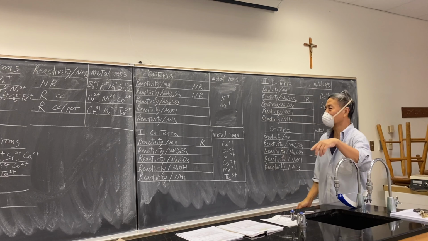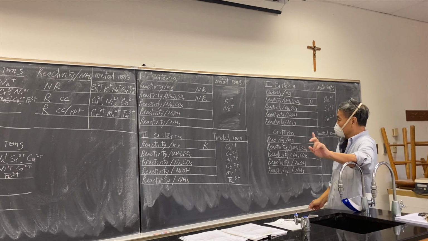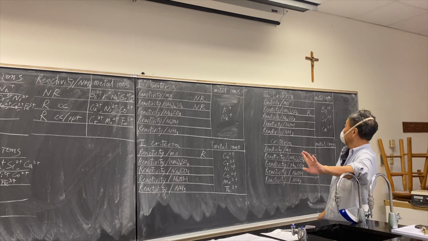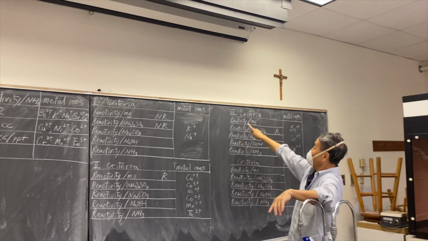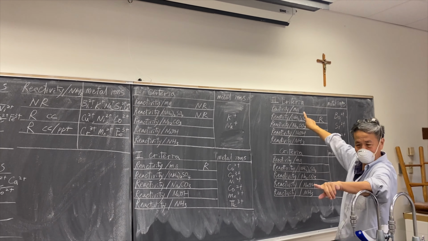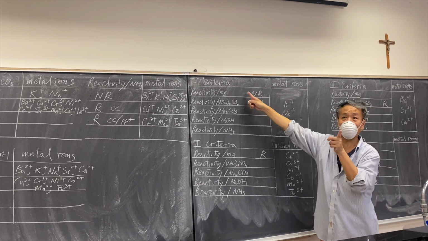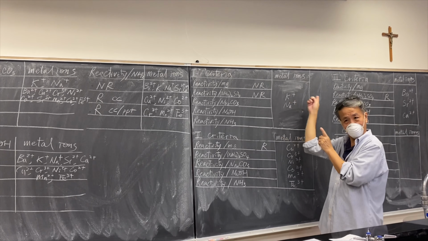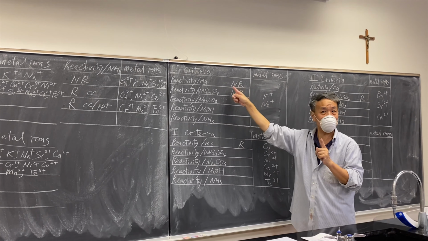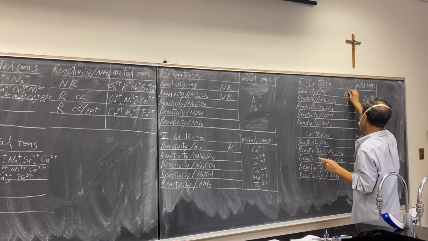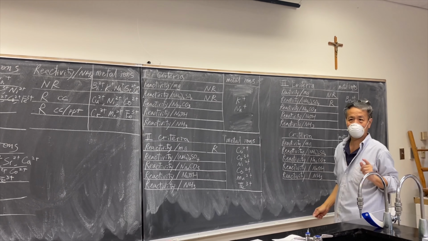All right. So now, ladies and gentlemen, your question is, oh gee, what would the reactivity with the magnesium be? You have already decided before you move ions out, so you cannot change it. So it must be no reaction.